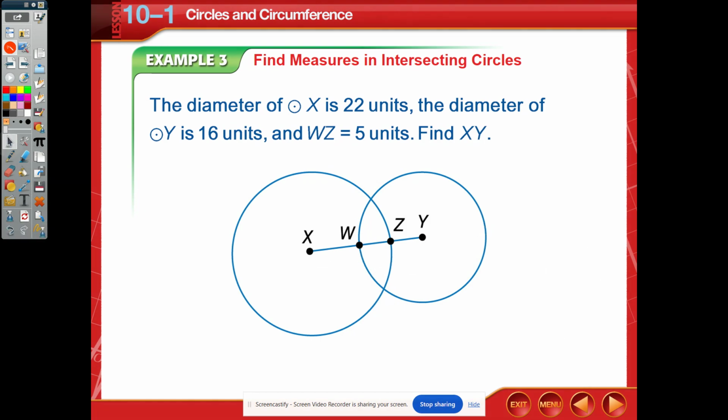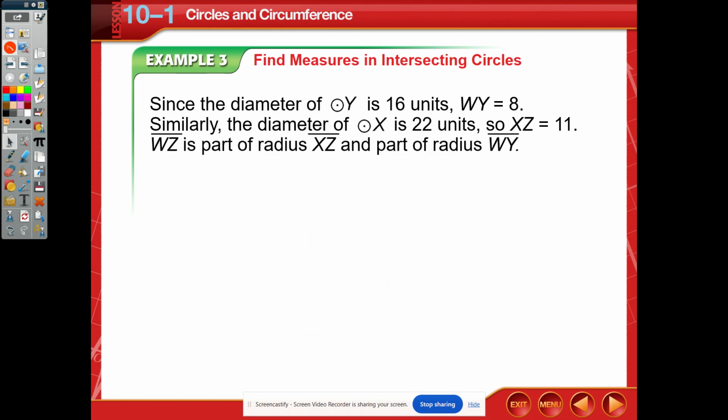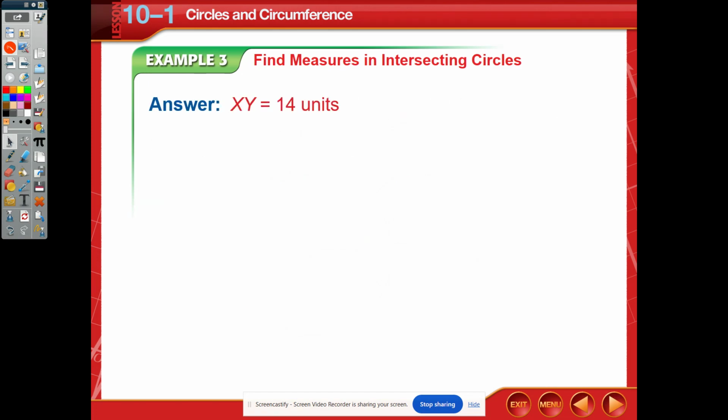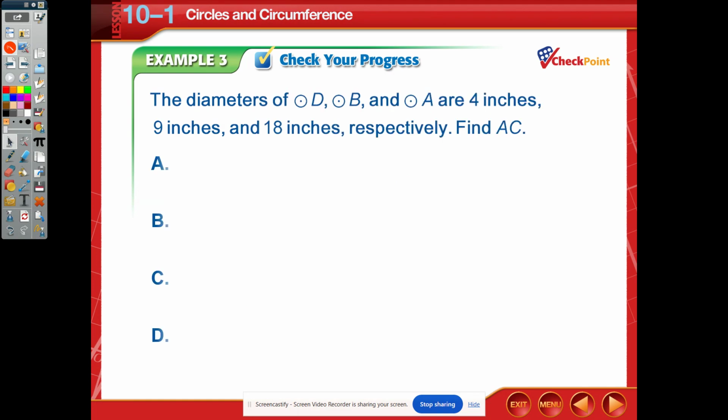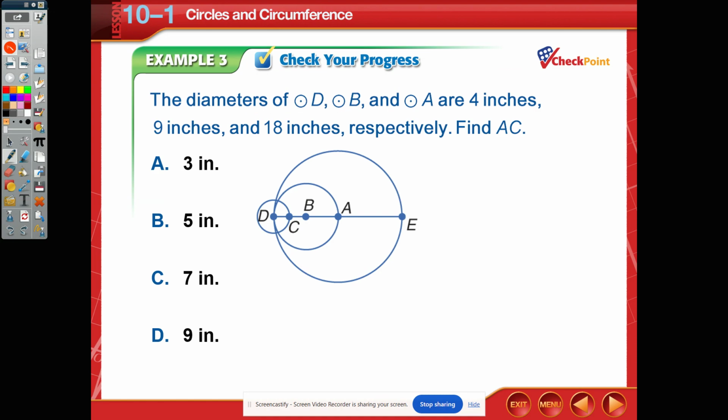All right, let's try not to make any more mistakes here. Come on, lock it in. All right, oh, this is beautiful. The diameters of D, B, and A are 4 inches, 9 inches, and 18 inches respectively.